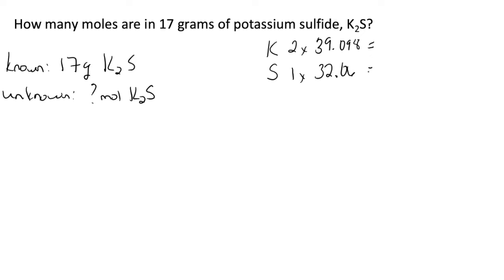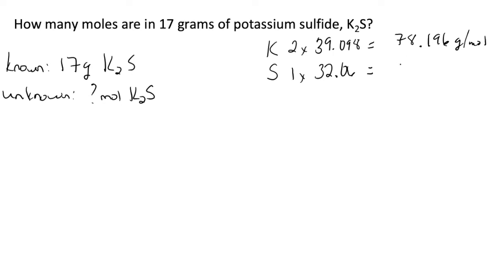We're going to take these on across. 2 times 39.098 gives us 78.196 grams per mole of potassium in potassium sulfide.